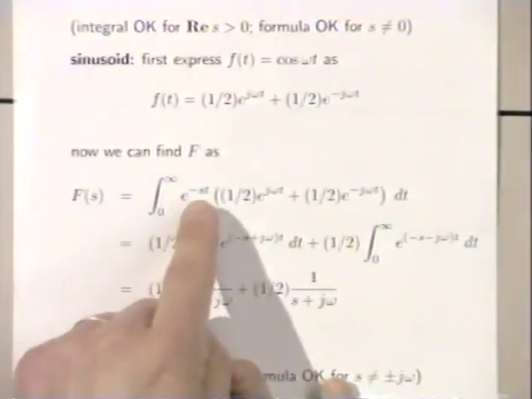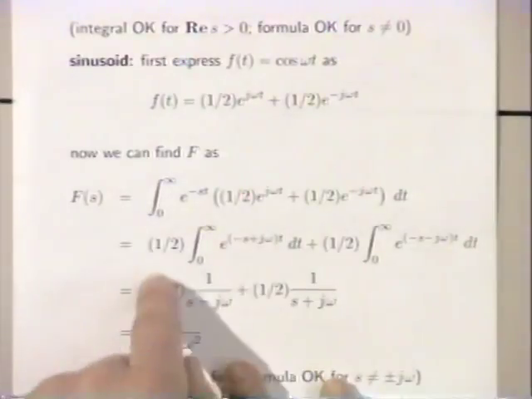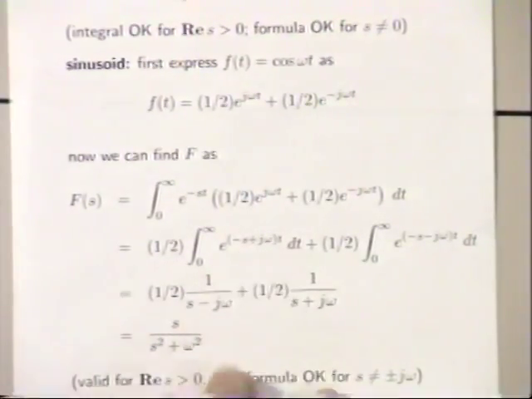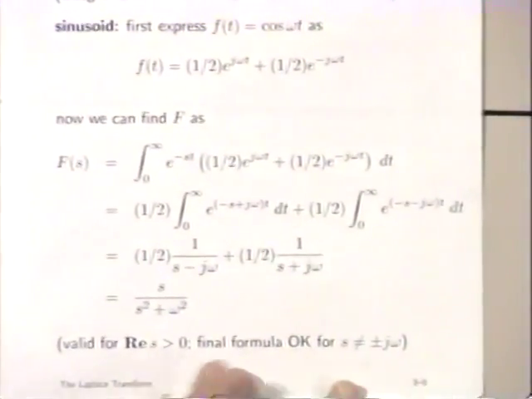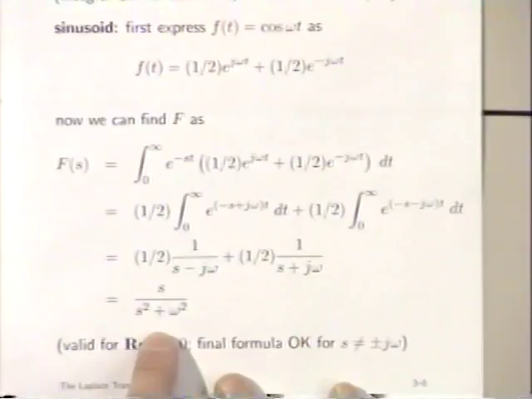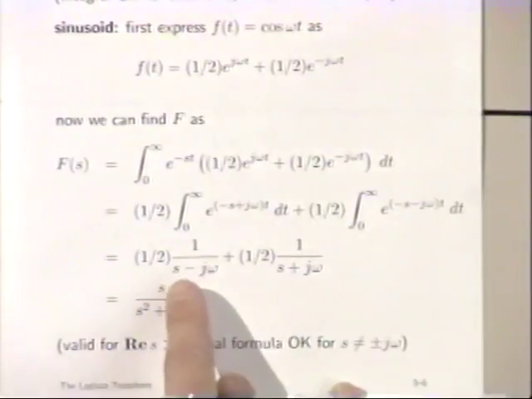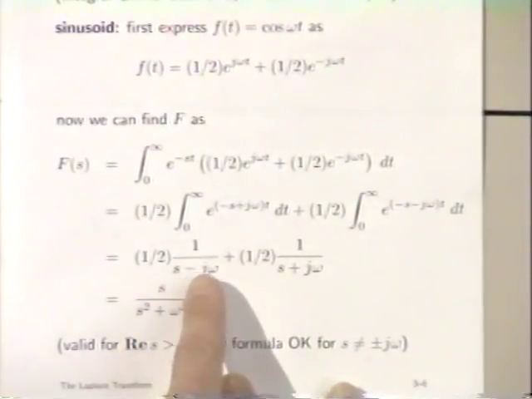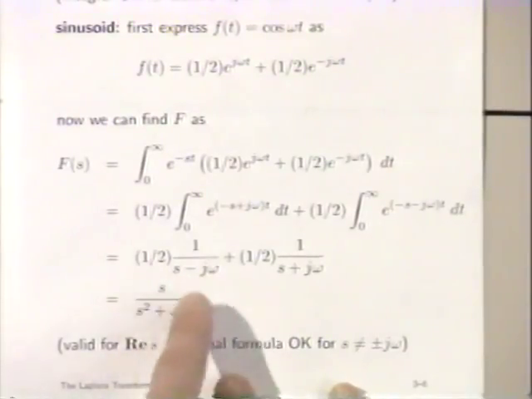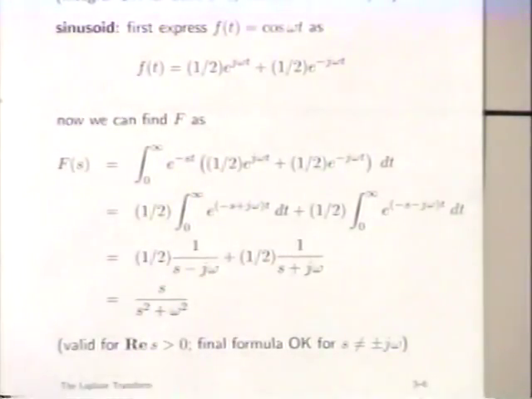Doing that, now we take the integral of this, and that splits up. I can put the half outside, and then I integrate this. If I integrate this, I'm going to get 1 over s minus j omega, plus 1 over s plus j omega. And when all the smoke clears, I have s. I put these on a common denominator, so I get s minus quantity j omega squared, which is s squared plus omega squared, and I get this expression here. Okay, so s over s squared plus omega squared.